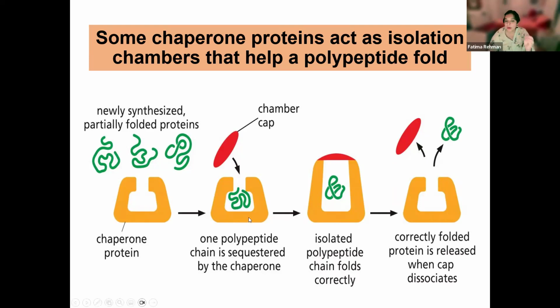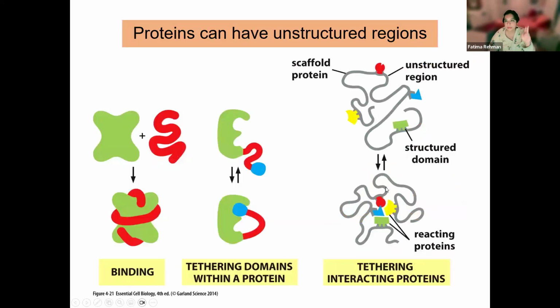Once they have folded it properly, the protein will no longer be stable in there, so they'll release it back outside when the cap dissociates, allowing it to go where it needs to go. So those are two different ways that chaperones can help it get into the right conformation: while it is in its normal environment, or by creating that environment in these little chambers where the proteins go in, get into the right position, and then are released back out.